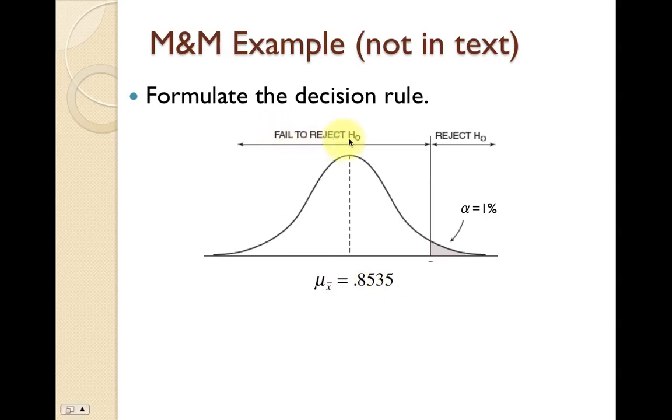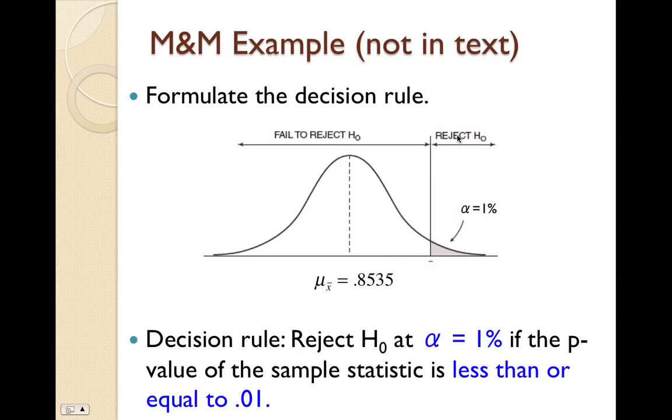So you'll fail to reject the null hypothesis if you get a p-value that's greater than alpha. But if you get a p-value that's smaller than alpha, you will reject the null hypothesis. So your decision rule will be reject H0 at alpha equal 1% if the p-value of the sample statistic is less than or equal to 0.01.